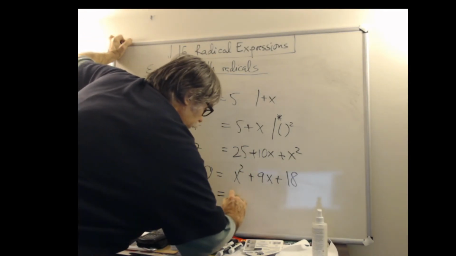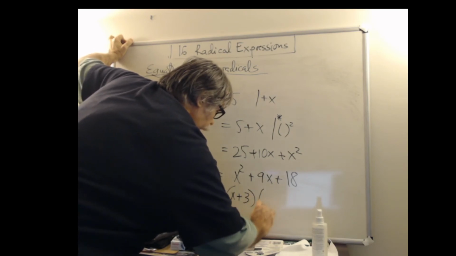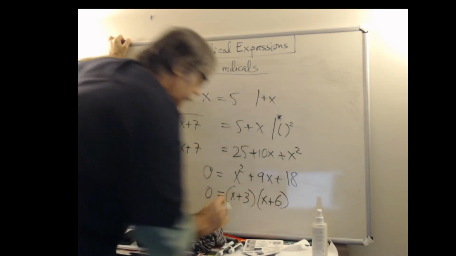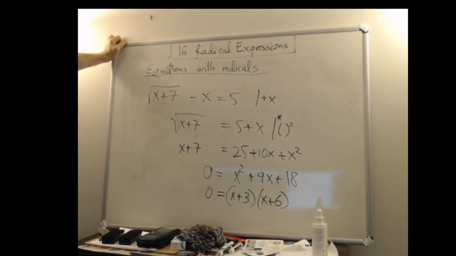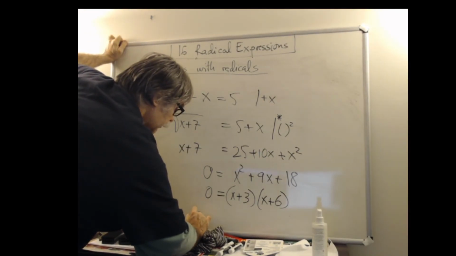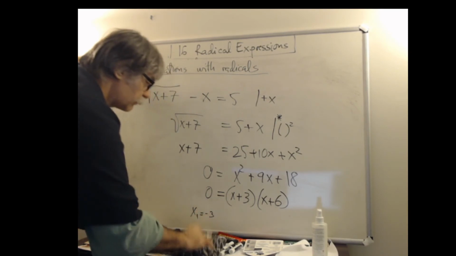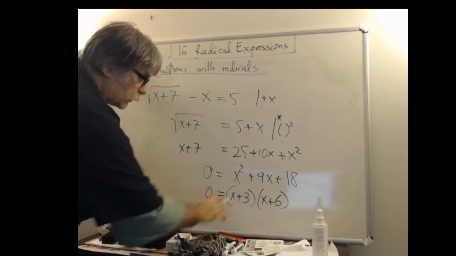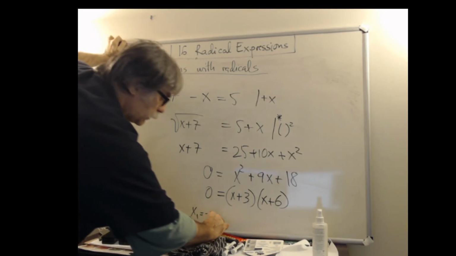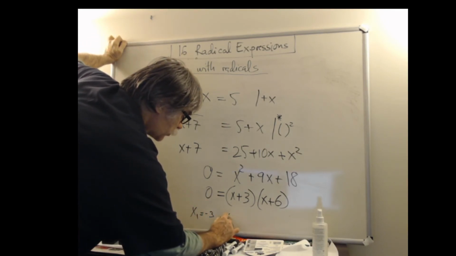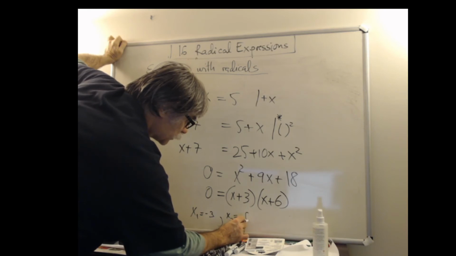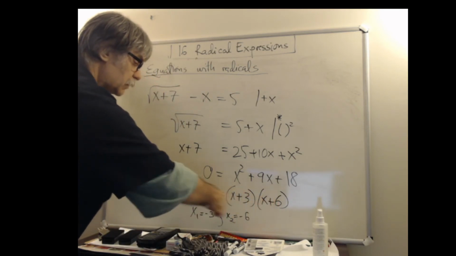So you got x plus 3, x plus 6, not really difficult. And now you have a zero product property that says one solution is -3. This is when this guy is equal to 0, so x is -3. And the other solution, the number 2, would be -6, because -6 makes this 0, and this is true again.